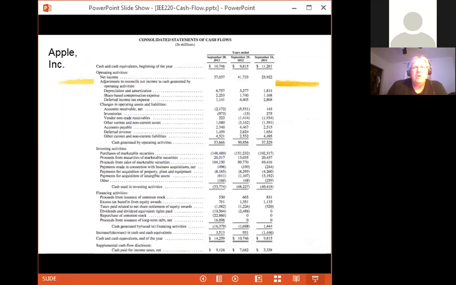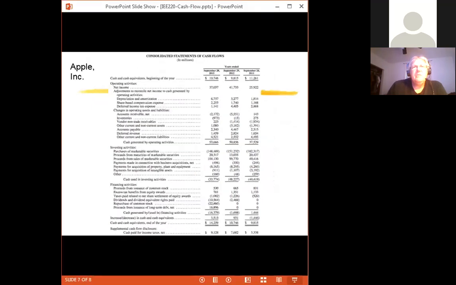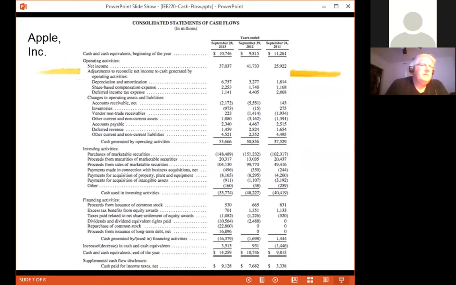When you look at a more complicated cash flow statement, so you can see Apple, it's an older version, but it'll give you an idea. They had cash in the bank. You can see quite a lot of cash, $10 billion of cash at the end of their fiscal year in 2013.